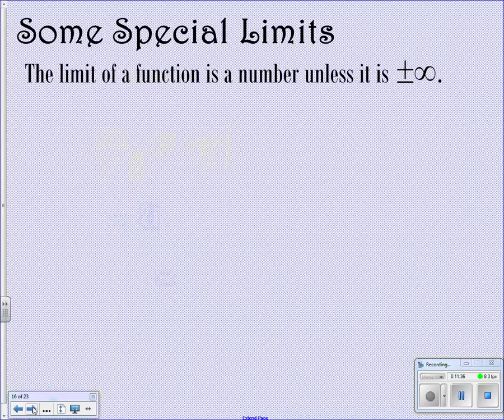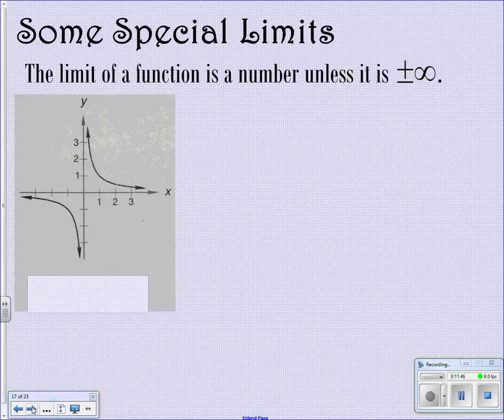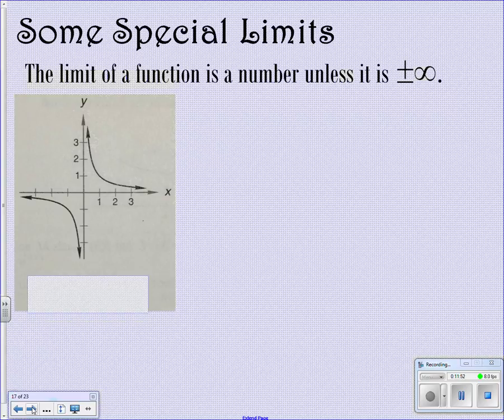Okay, looking at some special limits, the limit of a function is a number unless it's going to be positive or negative infinity. Looking here, what is the limit at 0? Well, on the left, we're going down to negative infinity. On the right, we're going up to positive infinity. Those left and right-hand limits do not match.